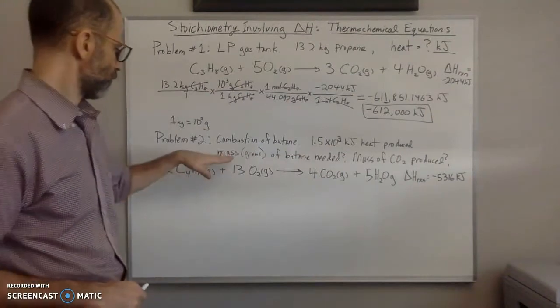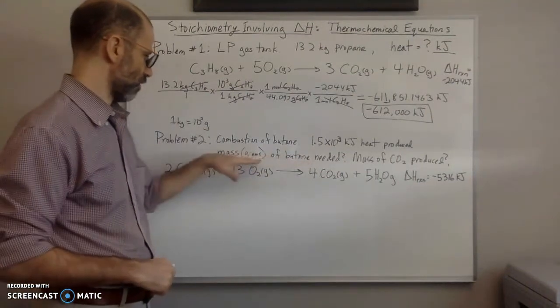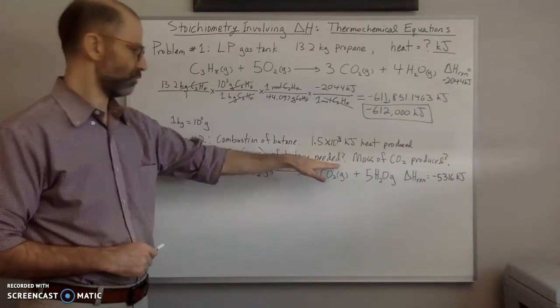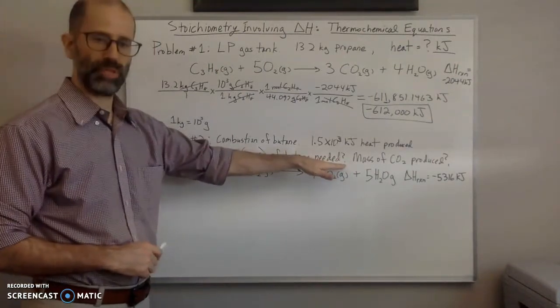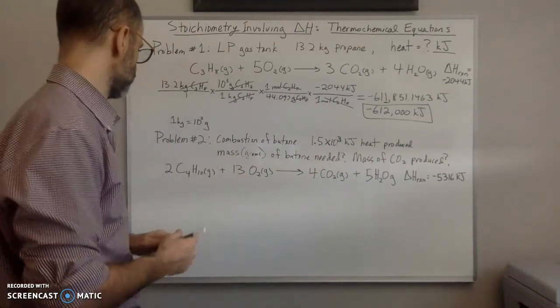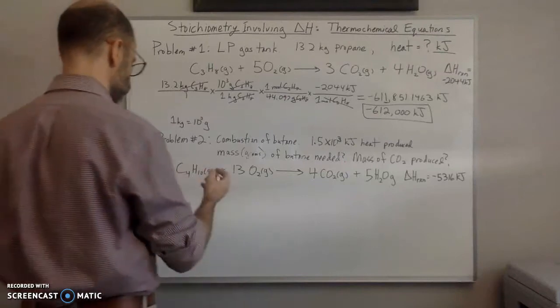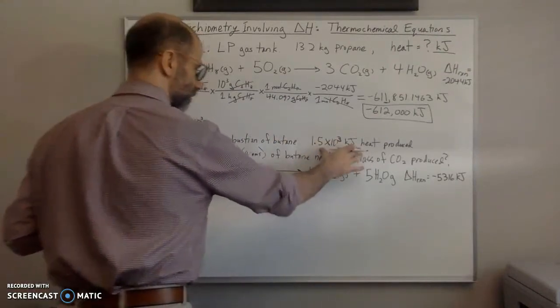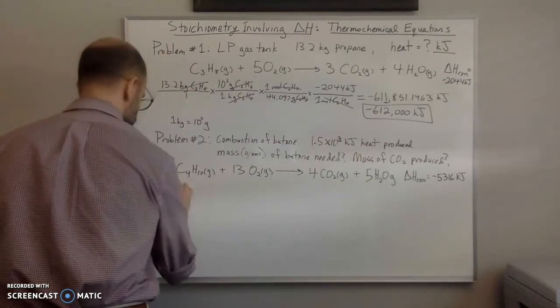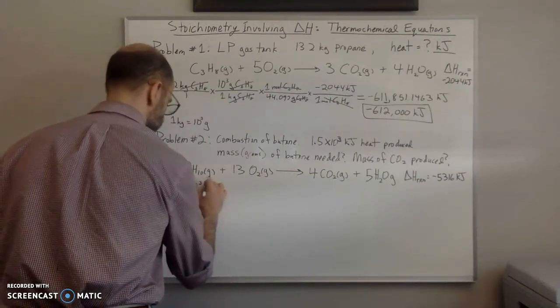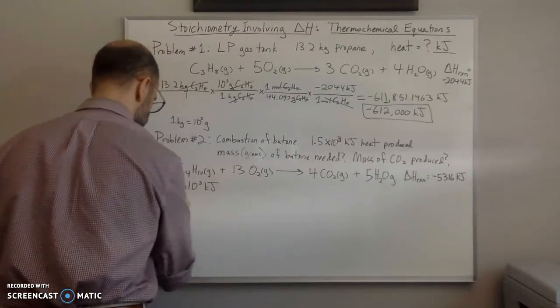The first question is, what is the mass of butane that was needed to produce this amount of heat? So we want mass in grams. What you can do is, again, start with heat this time. So we're going to start with 1.5 times 10 to the 3rd kilojoules of heat.